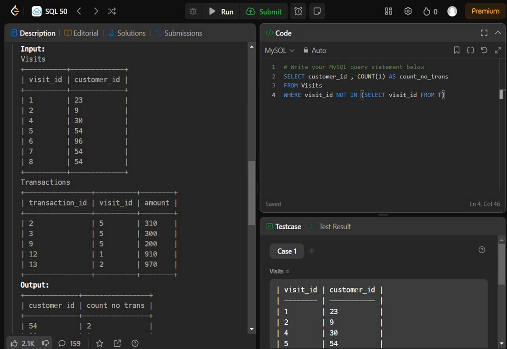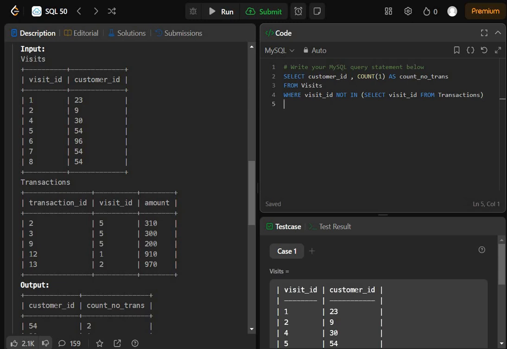From transactions. Okay, so this subquery will give us the visit ID data from the transaction table, and from that data, if this visit ID is not present in the transaction table, it will return us those IDs which are not present in this transaction table.